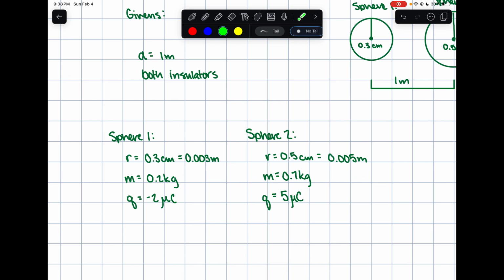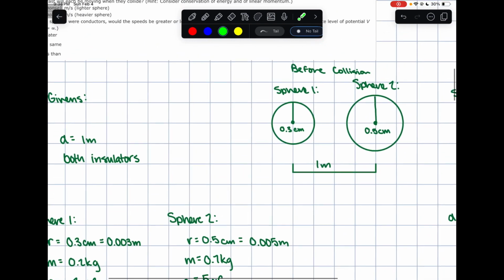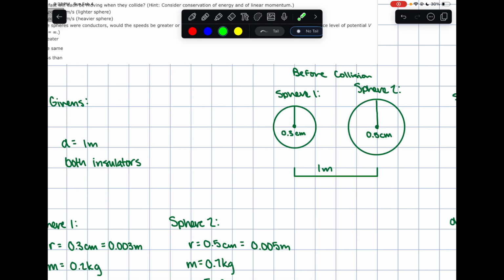For sphere 2, we are given a radius of 0.05 meters, a mass of 0.7 kilograms, and a charge of 5 microcoulombs. Now we can draw a picture of what we have been given so far.